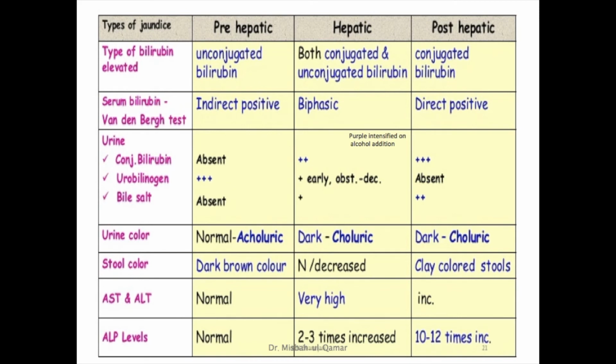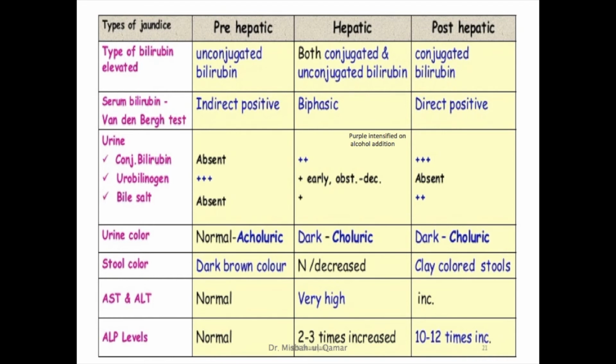On investigations of hemolytic jaundice, plasma bilirubin level is of course high, and it could be as high as 6 milligram per deciliter.